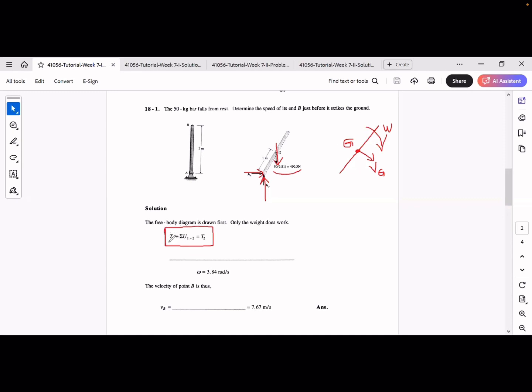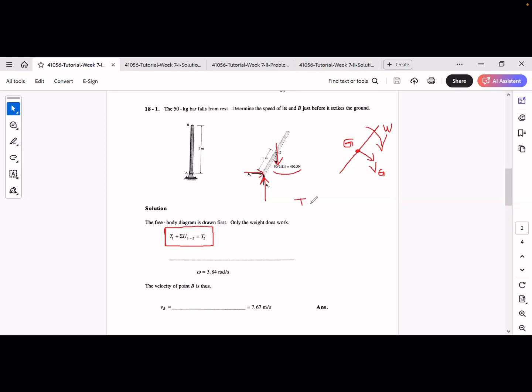T1 is the kinetic energy at the initial state, and T2 is the kinetic energy at the final state. And the sum of U from 1 to 2 is the sum of the work done from 1 to 2. Now let's look at how we can find each of these.